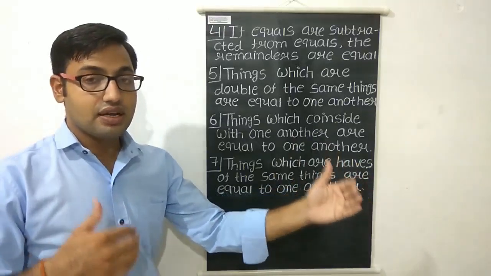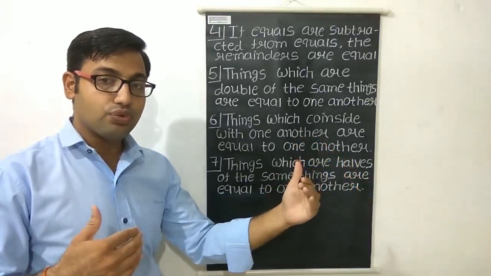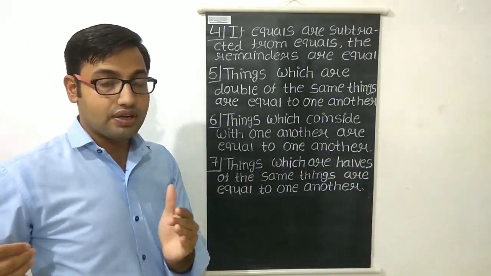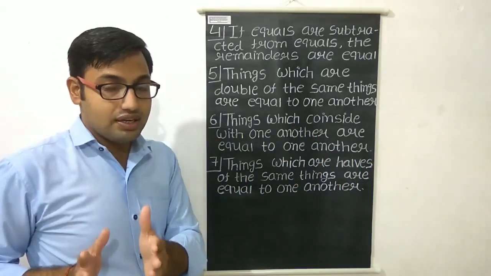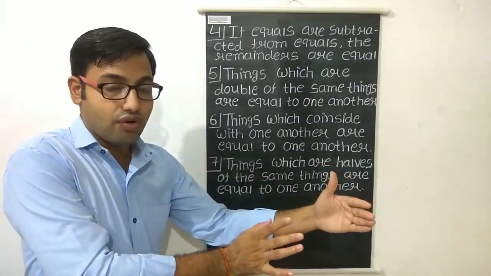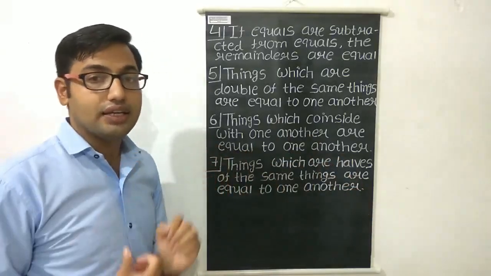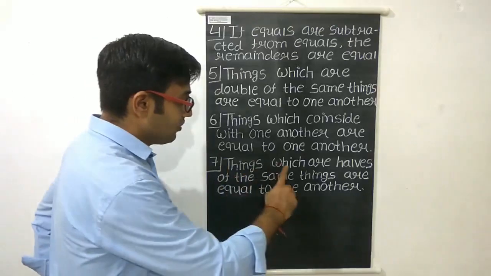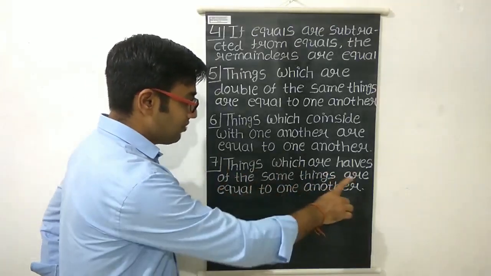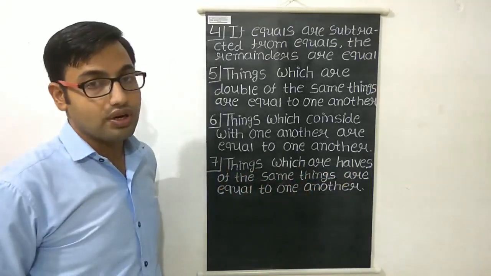Now what will happen if we divide by 2? If we take half the water from it, this side remains 3 liters and this side also remains 3 liters of water. Both are 3 liters and both are again equal. So things which are halves of the same things are equal to one another.